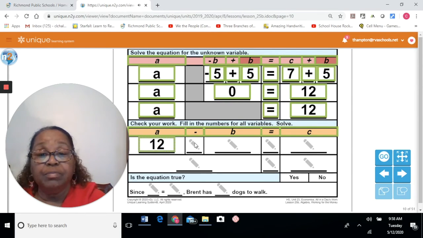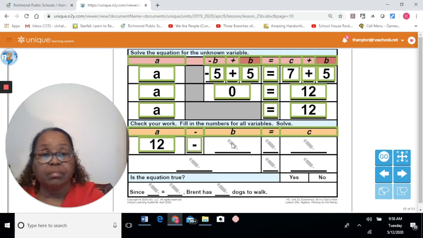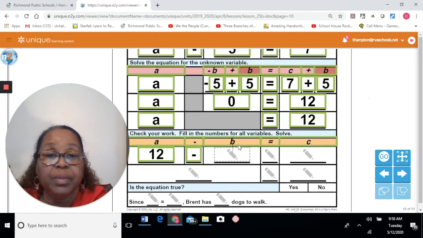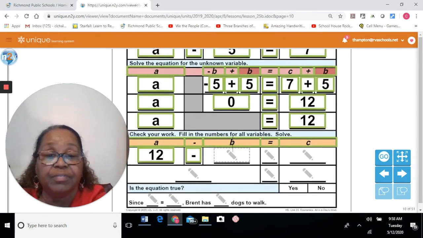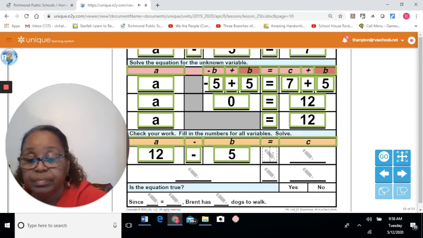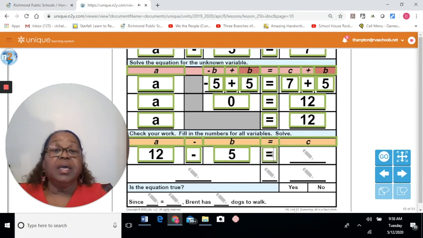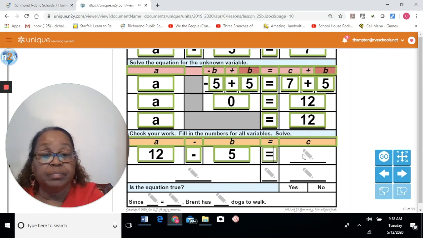And then 12 minus B, which is 5, will equal C, and C is 7.